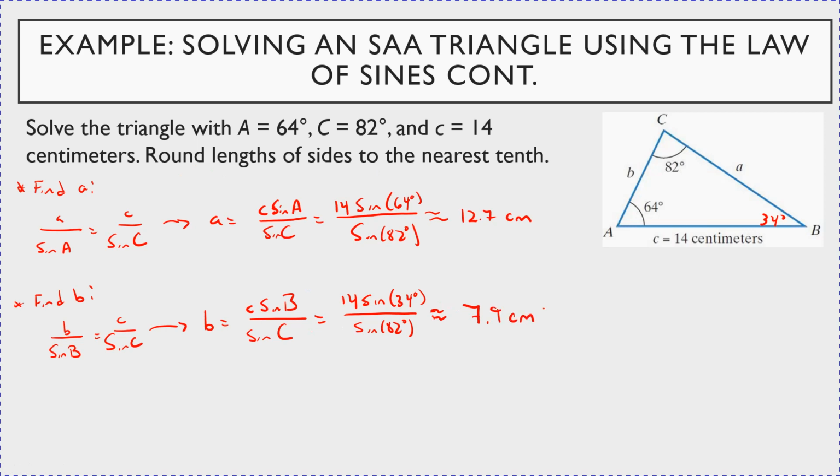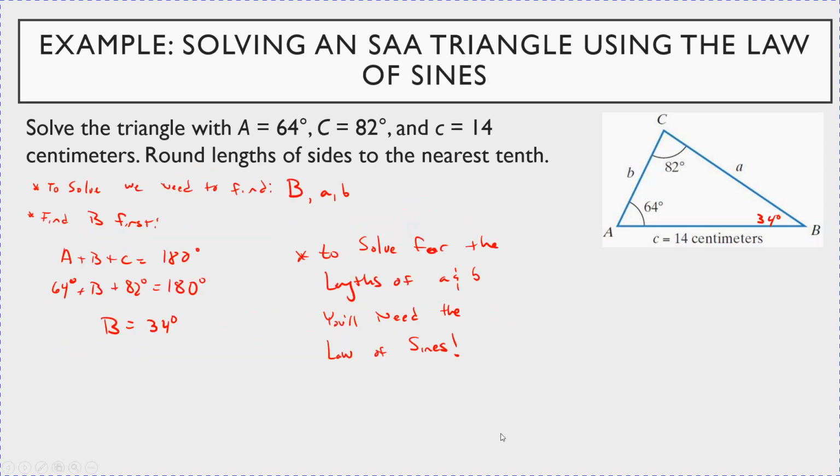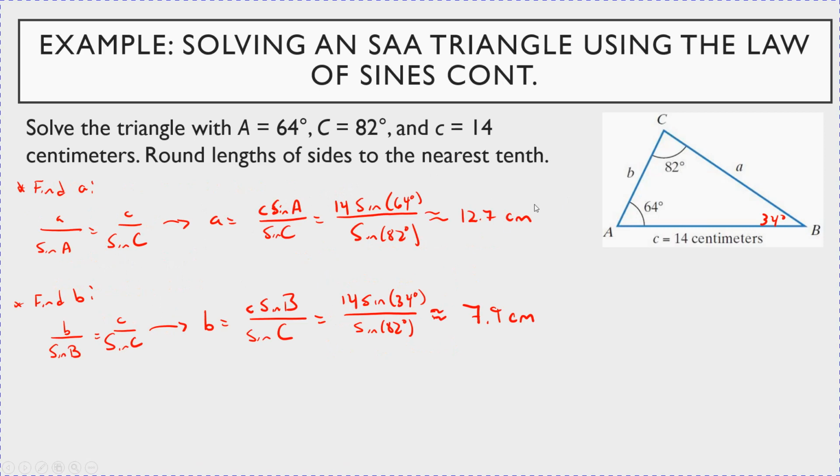And we got them. Okay, so look, this is what we started with. We wanted to find B. We got B. And then look, I just used the law of sines to find A and B. A is 12.7 centimeters. And B here is 7.9 centimeters. So we got it. We did it.